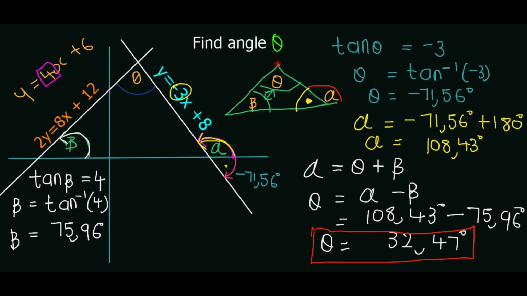Then you use the fact that the angles of a triangle add up to 180. So it's all up to you whether you use this one or this one. Anyway, that's it for this question.